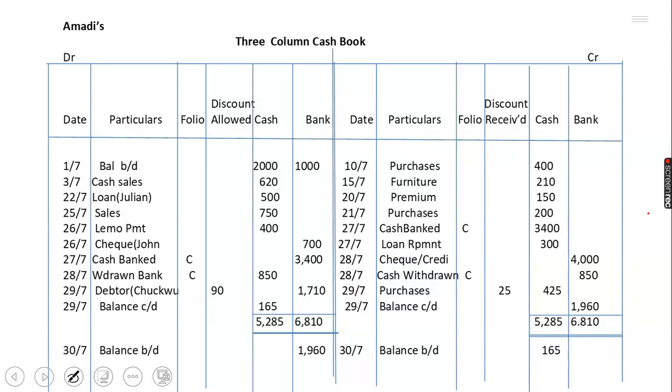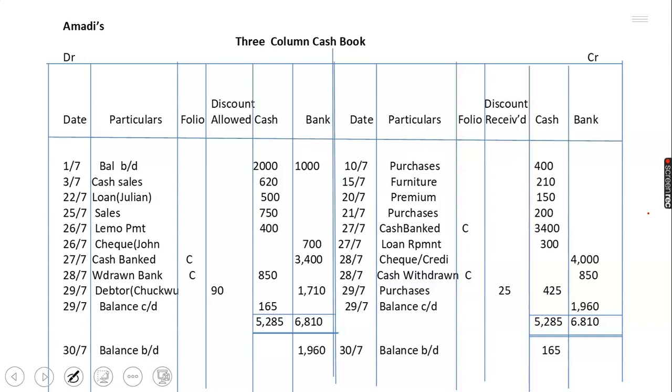Then 27/7 again, cash was withdrawn and then banked. That is, cash was taken to the bank. So that one is a 2-column entry.